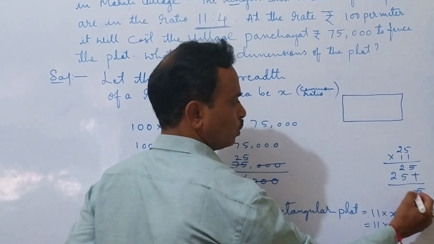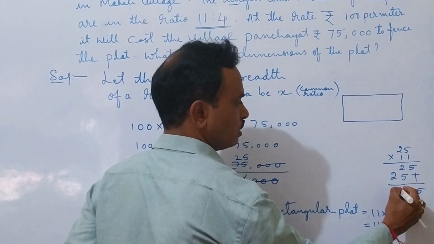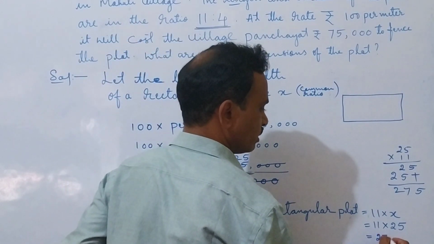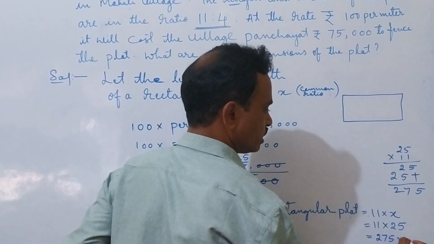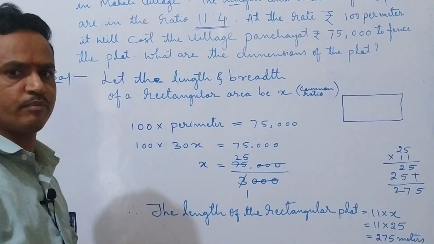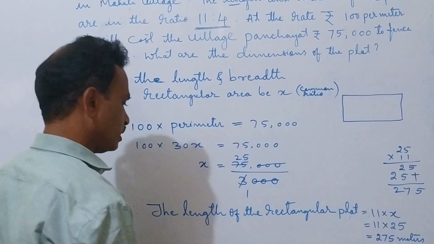Add it: 5, 5 plus 2 is 7, then 2. So 275 meters. The length is 275 meters. Then what is the breadth?